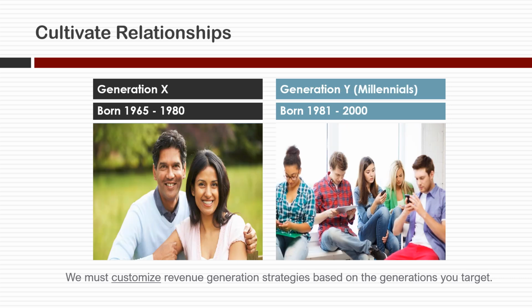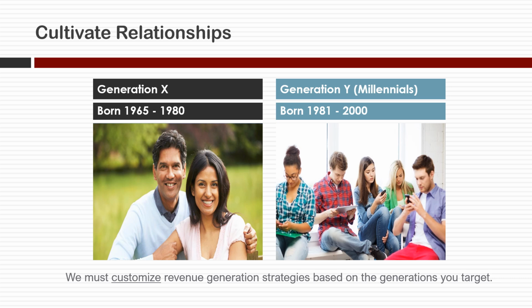Then you have Generation X, people born between 1965 and 1980. And Generation Y, the millennials born between 1981 and 2000. And then you have now Generation Z, people born between 2001 all the way up to 2025. And then you have another generation that I heard about that's coming along.